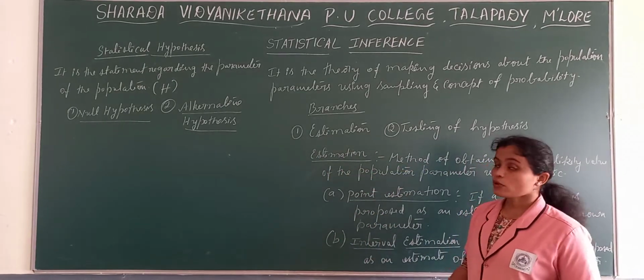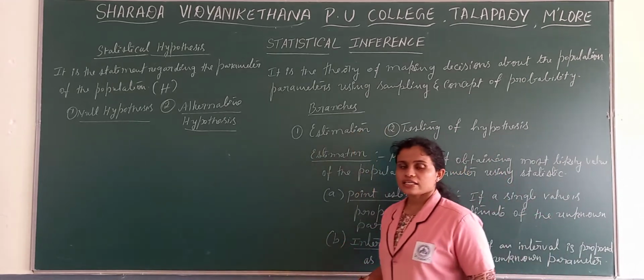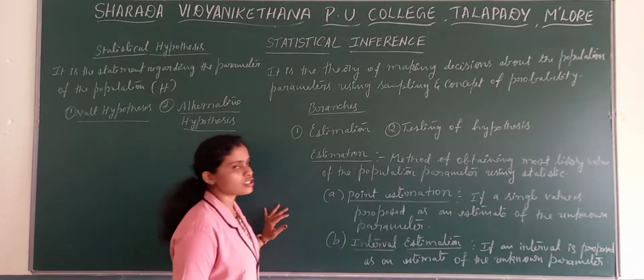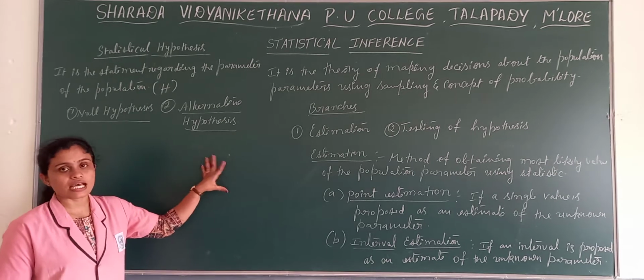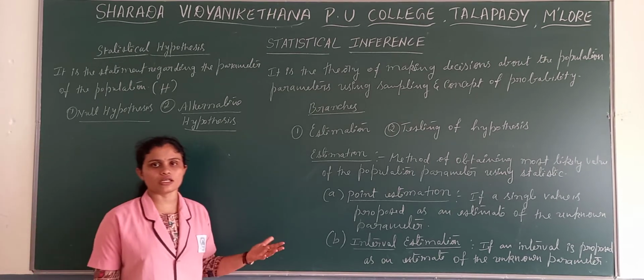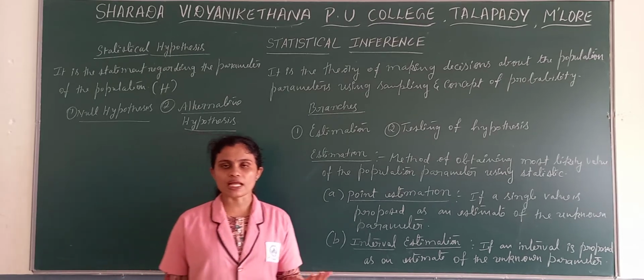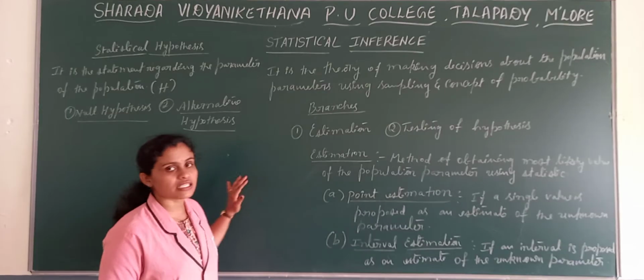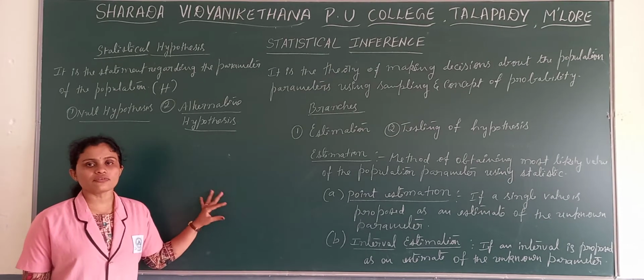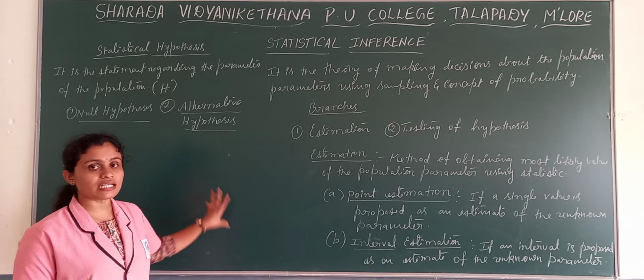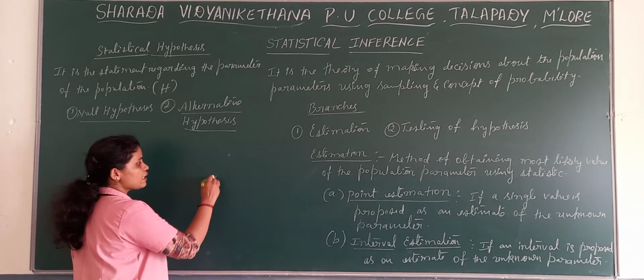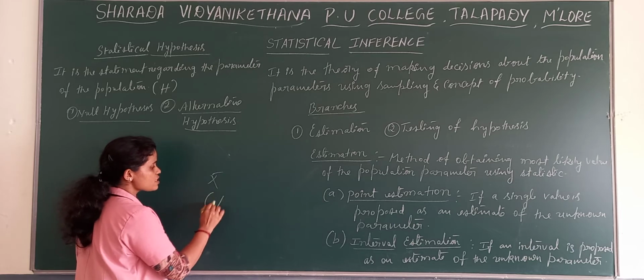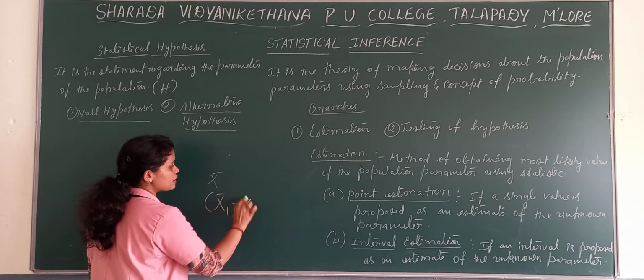We are discussing statistical inference, and in yesterday's session we saw the introduction part of statistical inference. There we saw what is meant by population, what is a sample, and what is a sampling distribution, then some of the formulas regarding standard errors. We saw the formulas for the sample mean, then the difference of sample means.